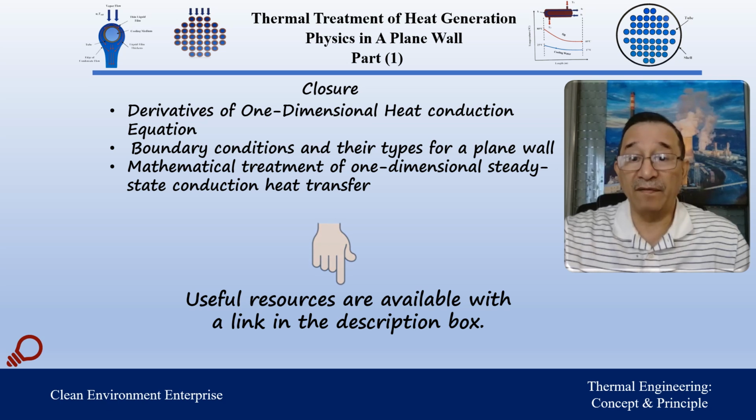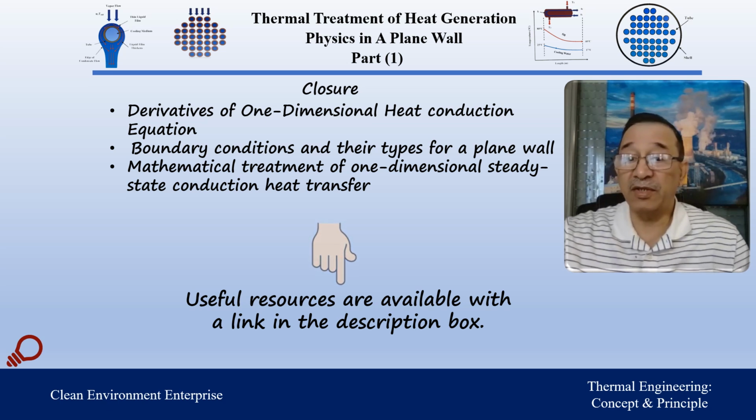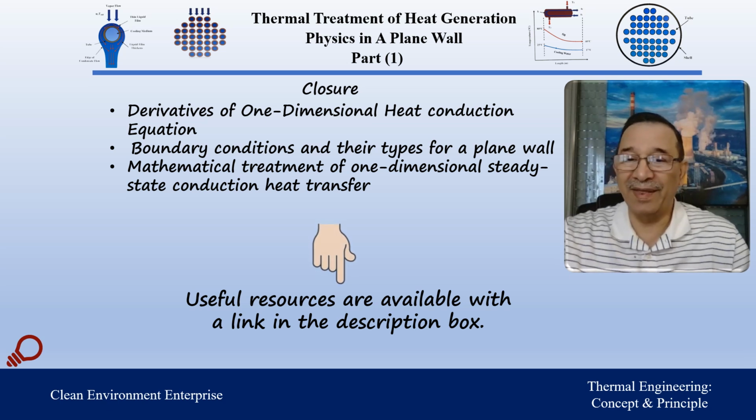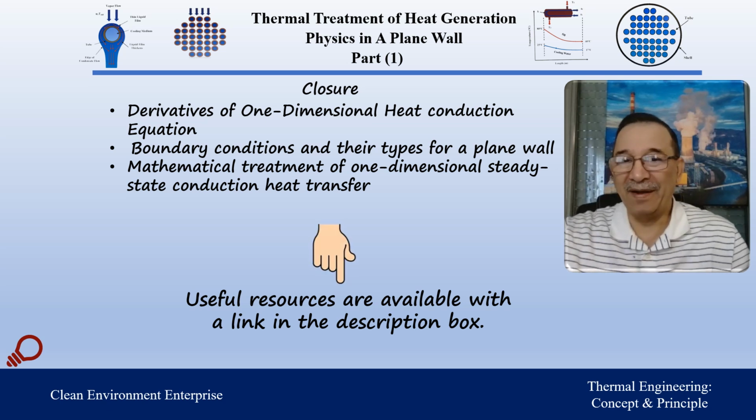Here we have derived the final form for the temperature distribution, where fixed temperatures, or equal temperatures, of the walls are considered for the plane wall, and at the same time we treated the adiabatic boundary condition.